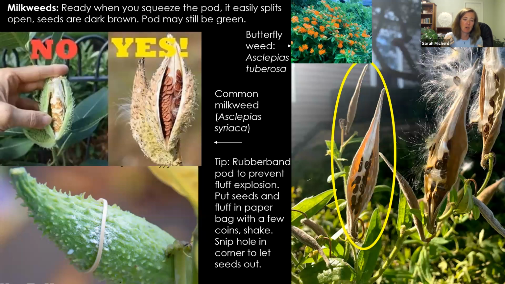You can also reach out to your libraries. Sometimes libraries have seed swaps. There's a couple different Facebook groups that cover Chicago. There's one called like Northern Illinois Native Plant Gardeners or something like that.